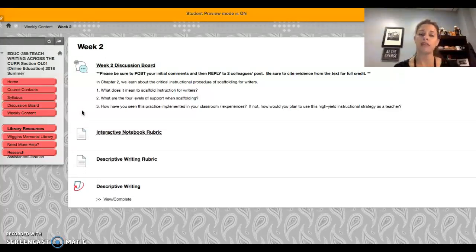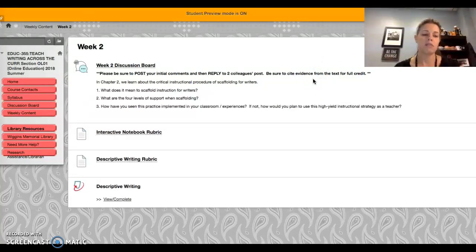Before you answer that, though, make sure that you understand what scaffolding is, because remember, you have to cite evidence from the text to get full credit for your discussion board. So make sure you know what scaffolding is, and then say, yes, I have seen scaffolding because this is what scaffolding is and this is what I saw, or no, I haven't seen it because I did not see these things that scaffolding is. Be sure that you are citing your evidence.